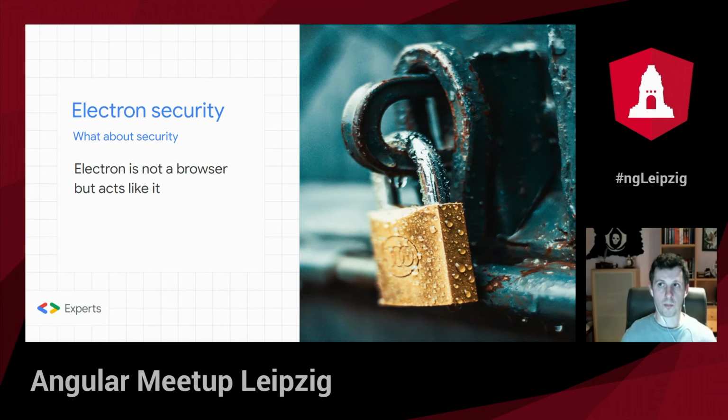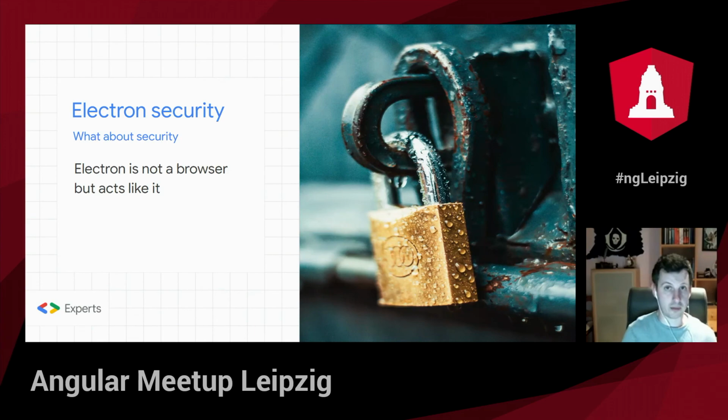So you have to take some security precautions by yourself when you develop, because a browser, for example Google Chrome, has security built in, so it prevents you from doing bad things.